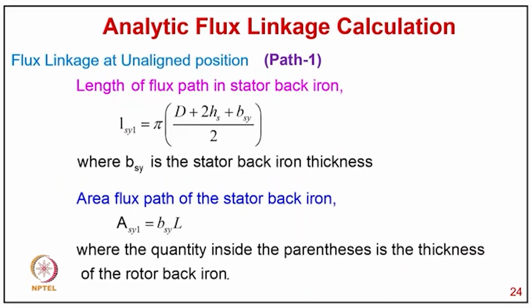Now the length of the flux path in the stator back iron is Lsy1 equal to pi times (d plus 2Hs plus Bsy) by 2, where Bsy is the back iron thickness. The area of the flux path of the stator back iron is Asy1 equal to Bsy into L, where the quantity inside the parenthesis is the thickness of the stator back iron.